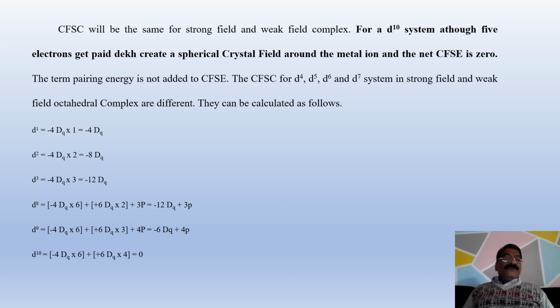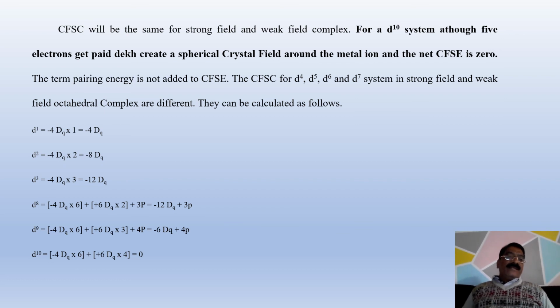For d1, d2, d3, d8, d9 and d10, the electronic configuration is the same for strong field as well as weak field, and that's why their CFSE is the same for those systems.